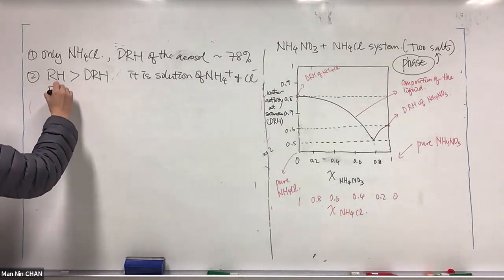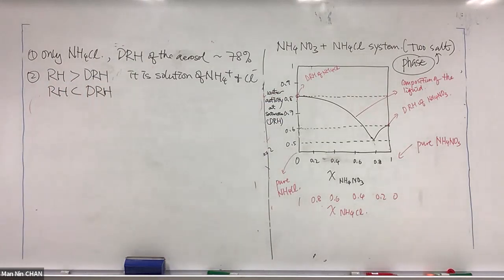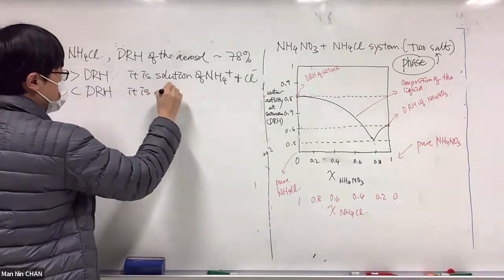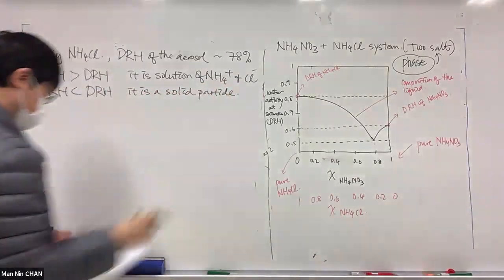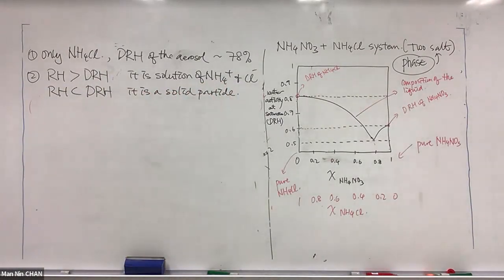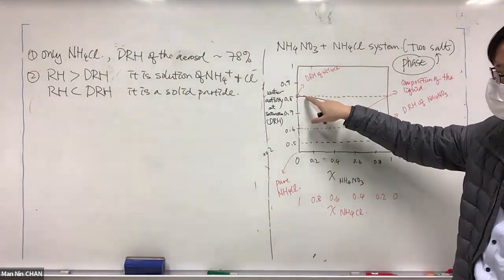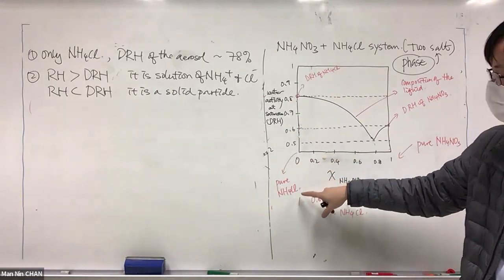And then if your RH is now below the deliquescence point, in this case we assume you have a solid. If you look at this graph, this is the deliquescence point of my pure ammonium chloride.